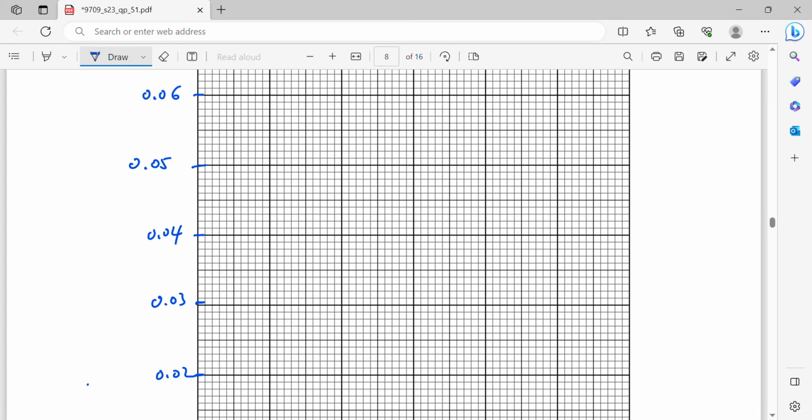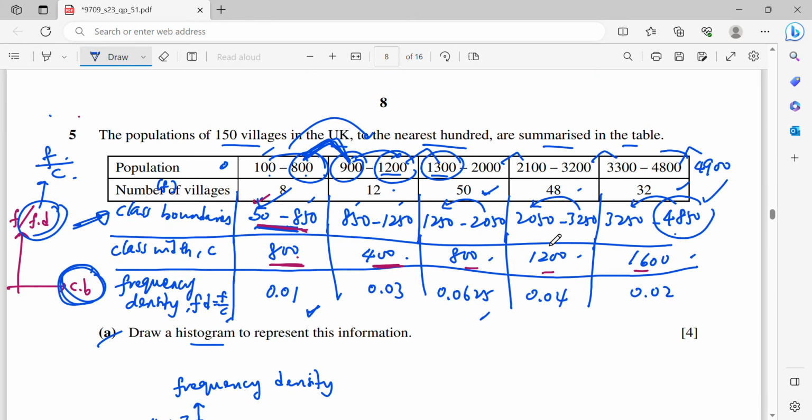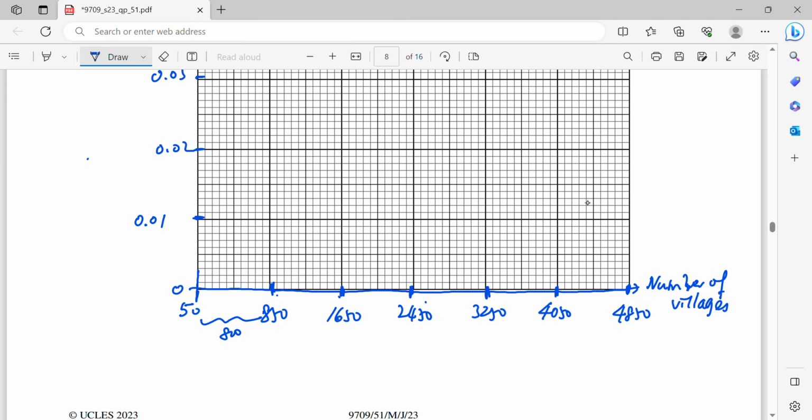Okay, so now for the first class, 50 to 850, and then the frequency density is 0.01. So 50 to 850, 0.01, that means it's here.